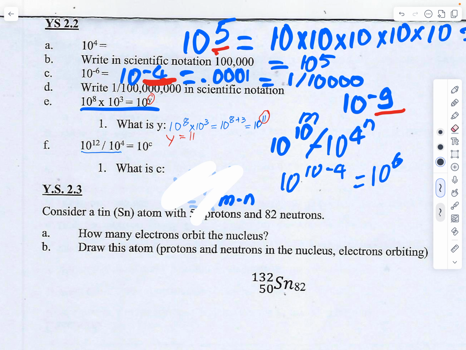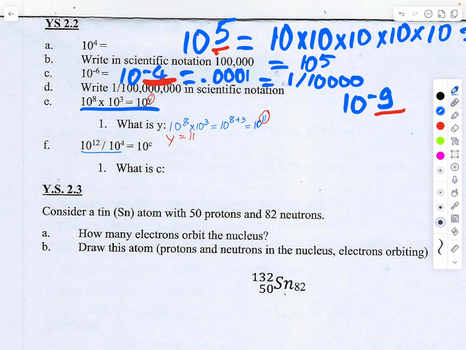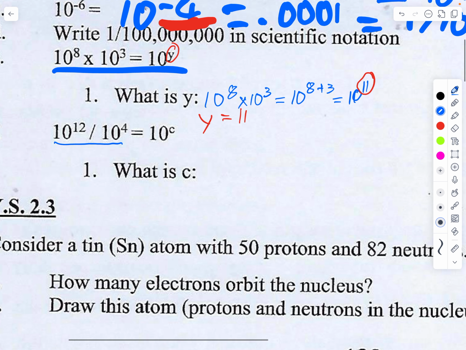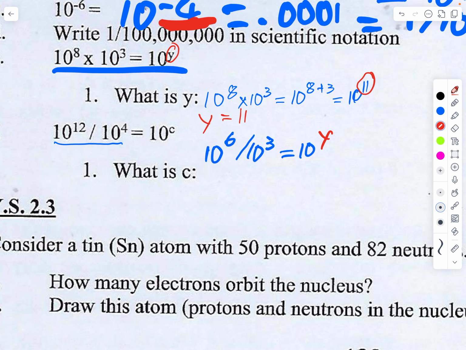So let's do a real problem. Let's change this number up a little bit. We got 10 to the 6 over 10 to the third equals 10 to the y. What is our y, right?